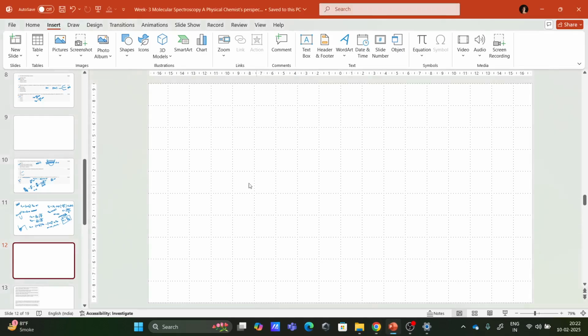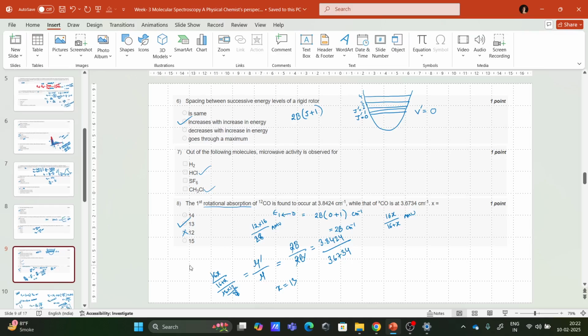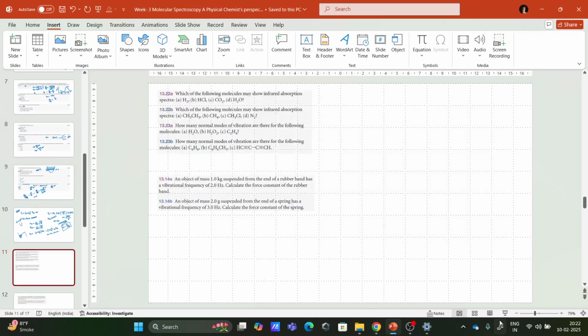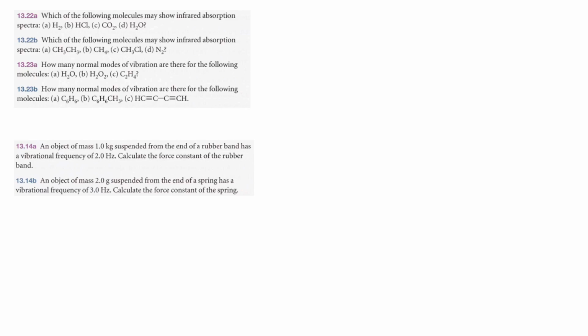Okay, now I think we are ready to solve the numerical problems. First, some arbitrary questions are there. Which of the following molecules may show infrared absorbance spectra? Will H2 show?